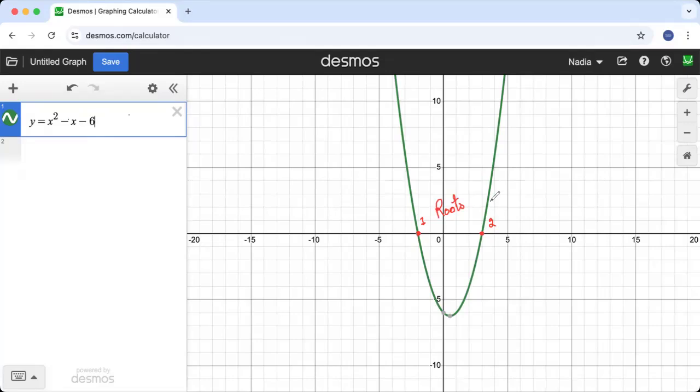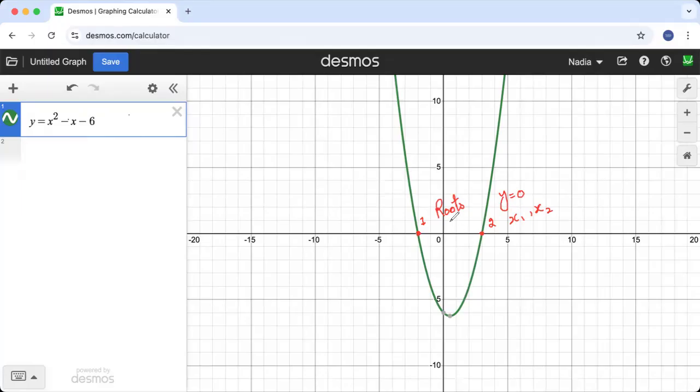In other words, when y is equal to 0, the values of x are the roots. If I move it up, these two roots come closer to each other, and ultimately we have only one root when it is just touching the x-axis.